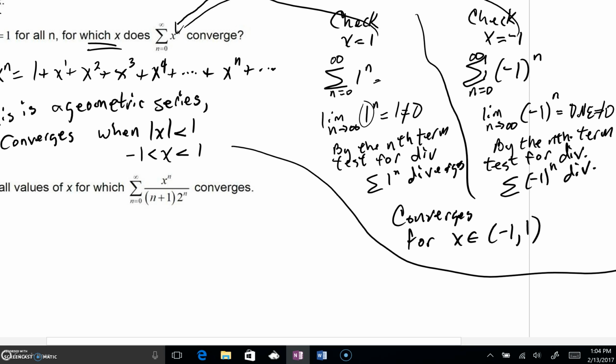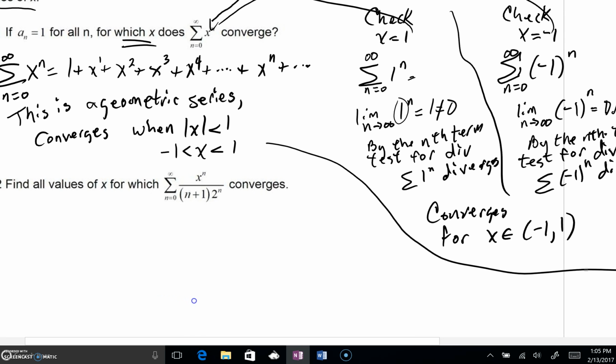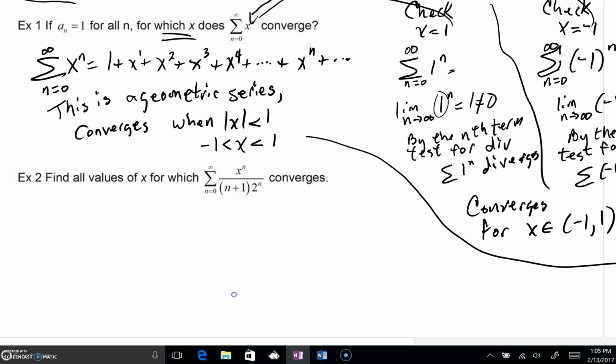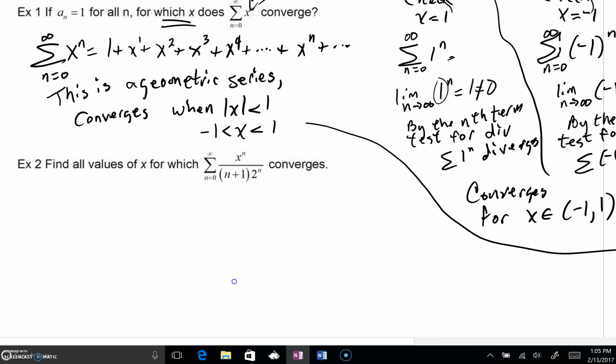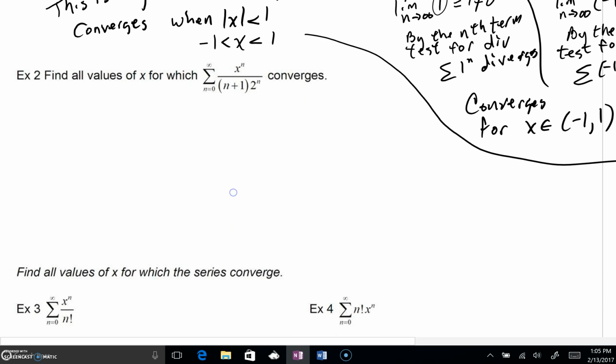Okay? That being said, this is without a doubt the classic first power series that you're ever going to look at, especially since in theory you should study the geometric series in this class. But let's be very honest, when we talk about future problems, for example 2, we're going to attack this problem with the ratio test.